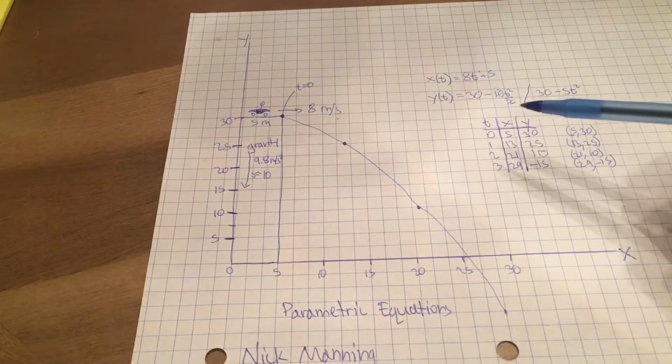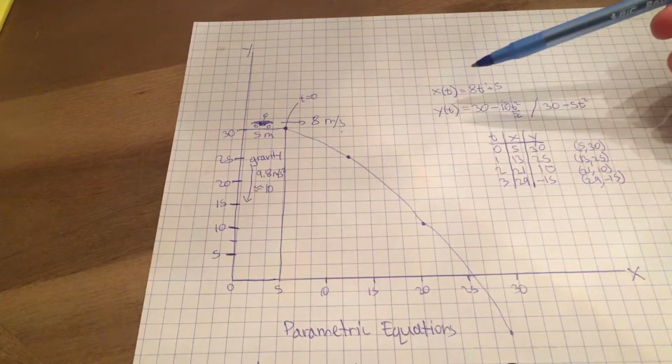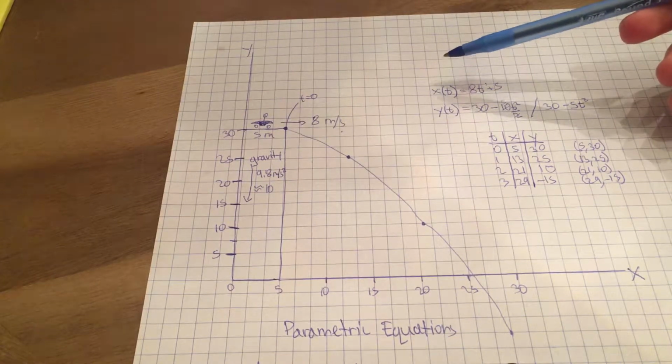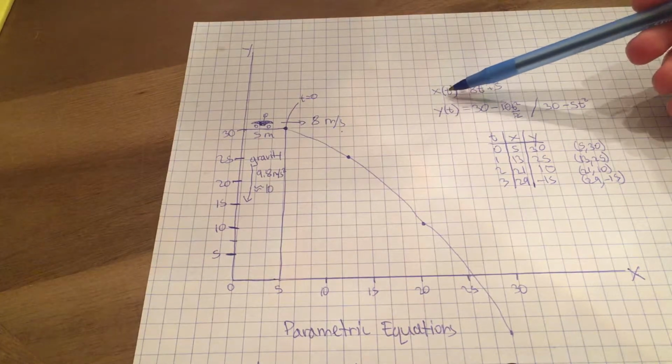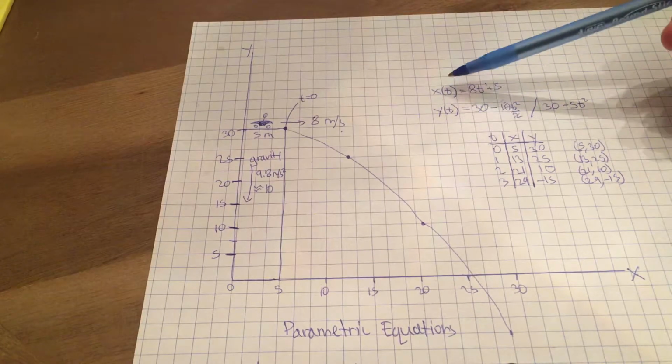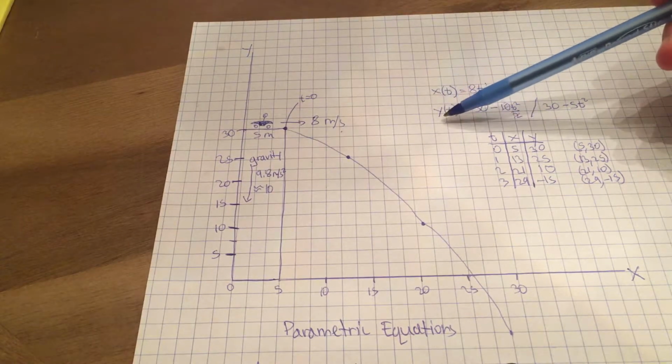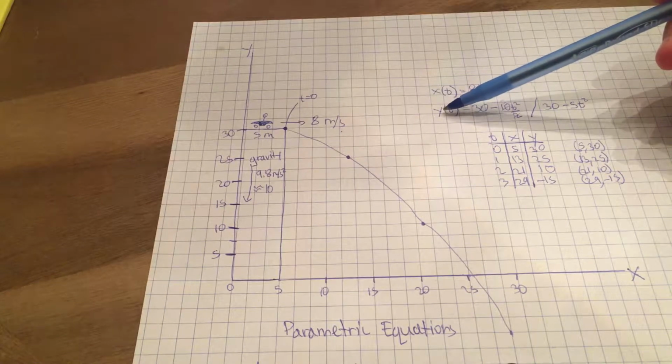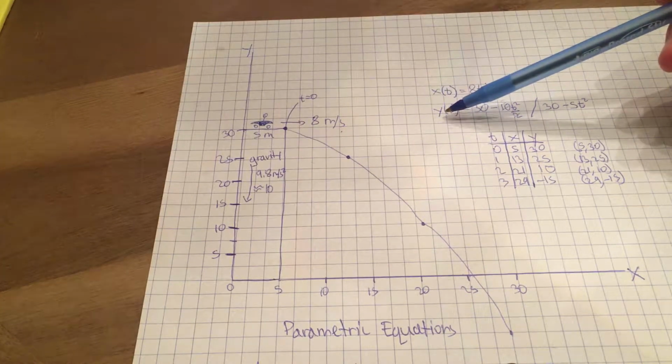So basically, we define x and y as a third-party parameter of t. So a parameter is just a way of measuring something. So most of the time when you're given an x or a y value, you have those two variables.